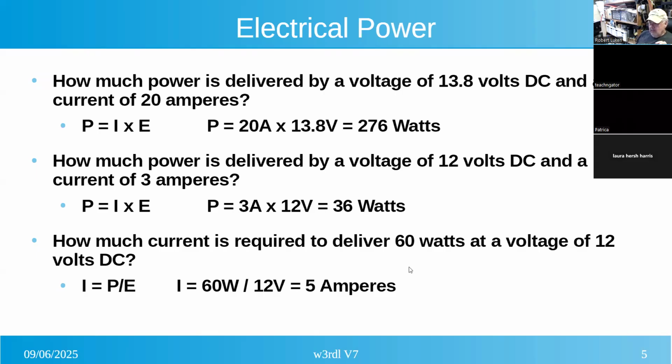And if we had a voltage of 12 volts and we want to deliver 60 watts, we need to know how much current that would take. So we divide the power by the voltage, and it gives us the amount of current to generate 60 watts at 12 volts. Those clear? Yes.